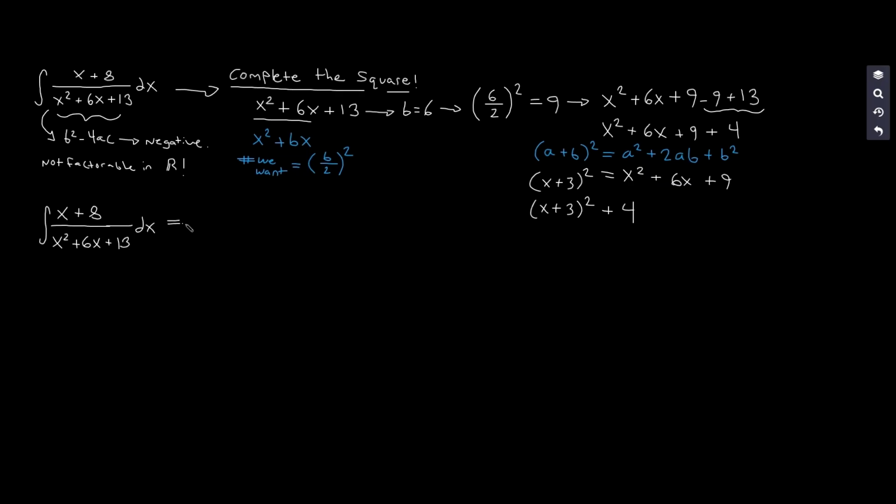Now that's the same thing, because we could rewrite it with the new denominator, which is x plus 3 quantity raised to the second power plus 4, and the numerator is going to be x plus 8, integrated with respect to x. I'm going to be honest with you guys, I'm kind of stuck.